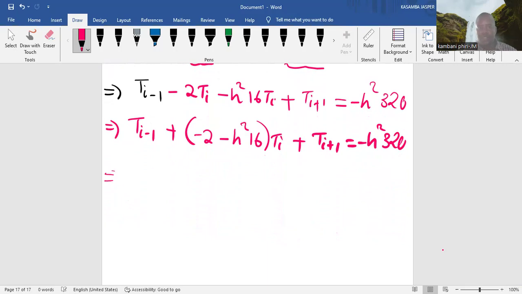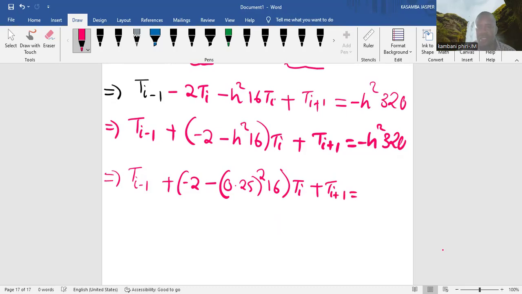Okay? So we have ti minus 1 plus negative 2 minus 0.25 squared 16 ti plus ti plus 1 is equal to negative 0.25 squared 320.